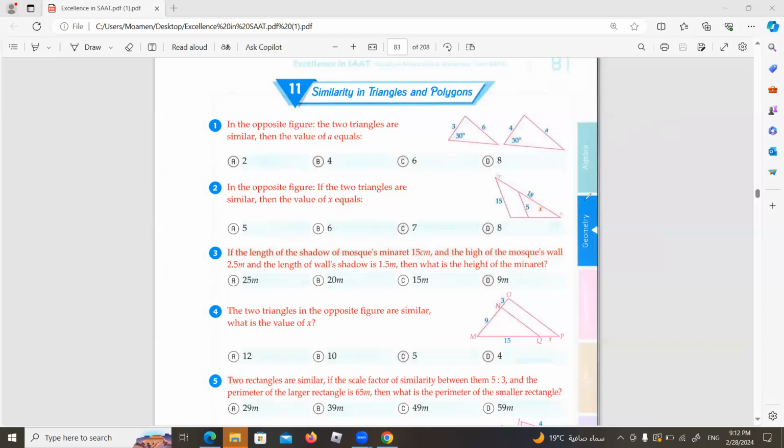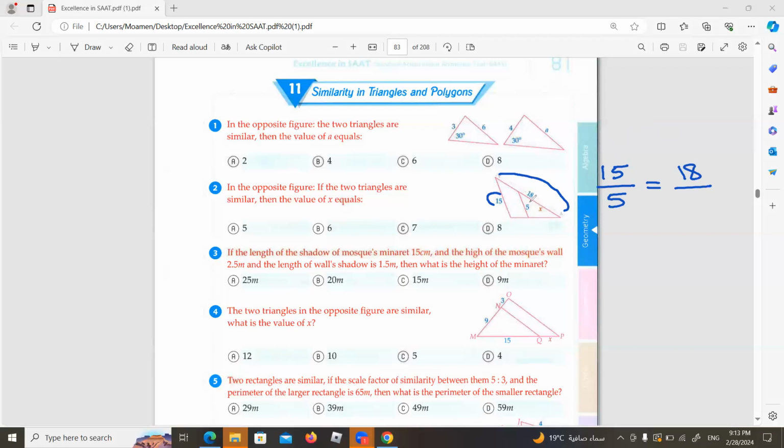Okay, let's start. In the first triangle, I have this side is 15, so I just write 15, and the corresponding side is 5. In the big triangle, this side is 18, so I just write 18 over x.